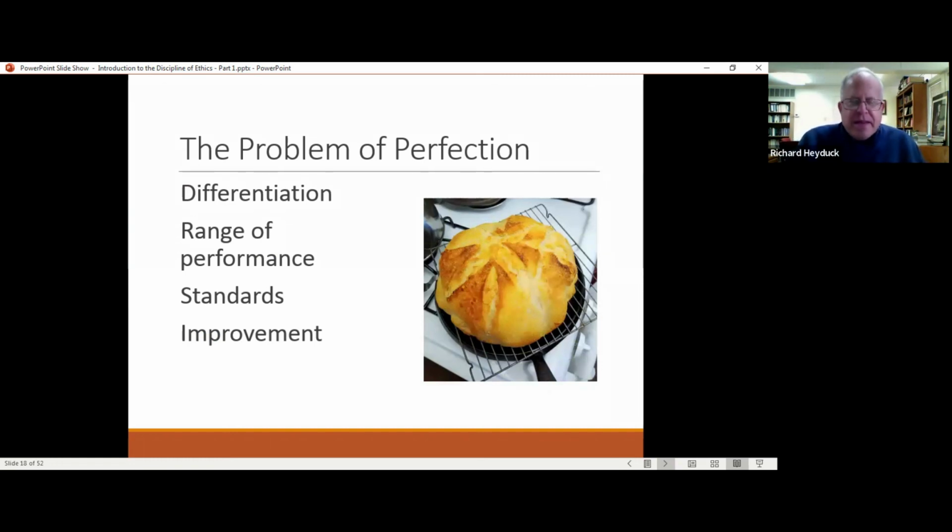Number two, is there a significant range of performance in this activity? When I consider the activities of walking or eating cheeseburgers, there isn't a significant range of performance. Third, are there standards of performance? That is, are there ways to tell whether any given performance is better or worse than another?